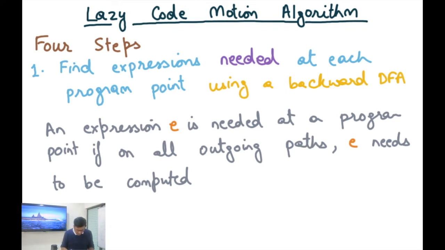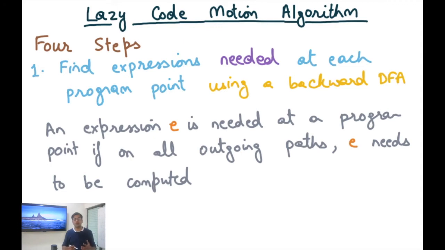When I say E needs to be computed, it basically means E was computed in the original program on all outgoing program paths. That's what it means. So if on all outgoing program paths E was computed in the original program, then E is needed at that program point.